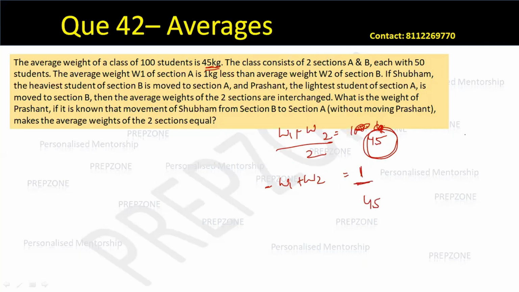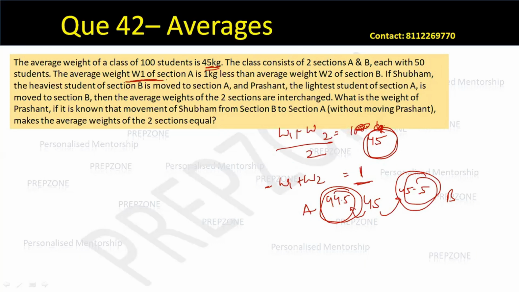So if you divide 1 by 2, it is 0.5, 0.5, which means one of the average weights must be 44.5. The second average weight should be 45.5. Okay, we know 44.5 is the smaller one, which means this is section A and 45.5 is section B. Either do it by equation or do it by logic. This is clear.